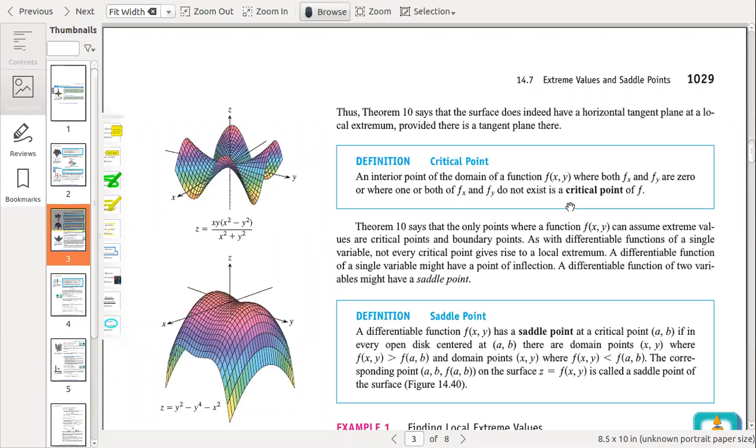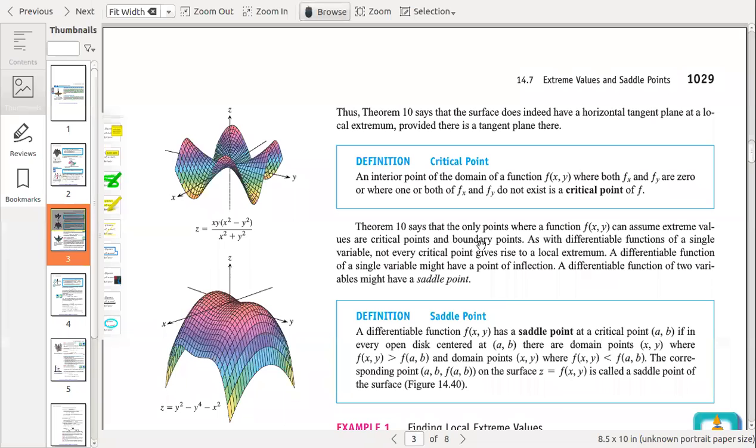So they must fulfill one of the two conditions. A point is critical if partial f over partial x and partial f over partial y are 0 or any one of them does not exist. This is just the explanation, so you can read it or it depends on you.